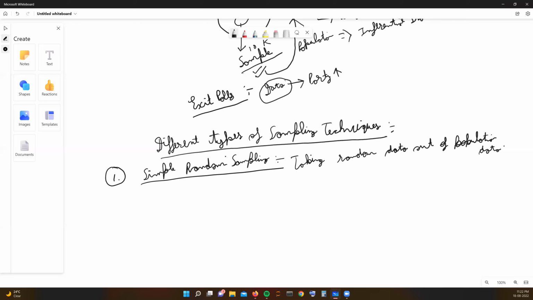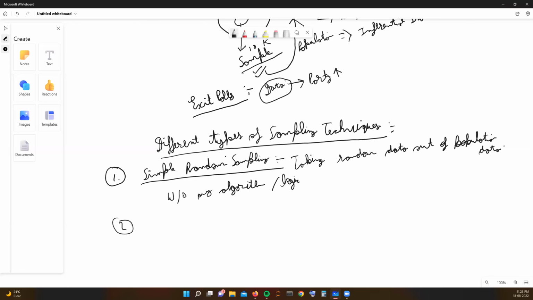That may result in different exit poll decisions than the actual one, right? So this is simple random sampling, without any algorithm or any complete statistical technique behind it, just randomly selecting the data without any logic.